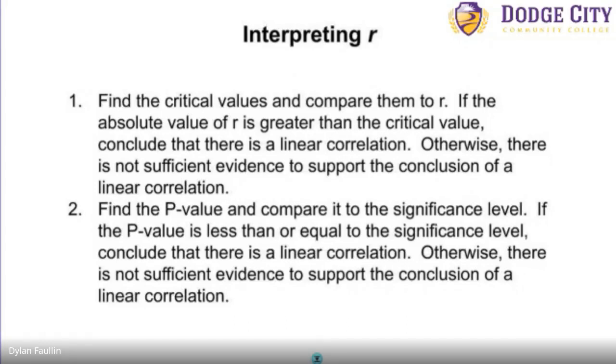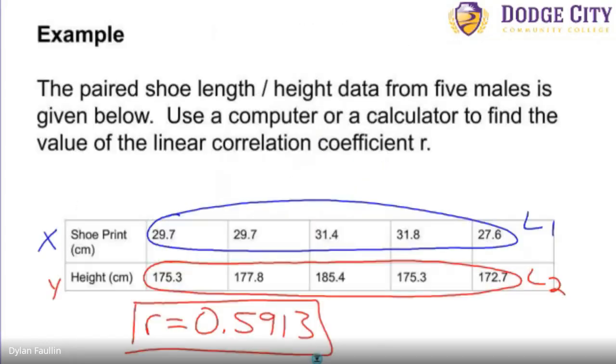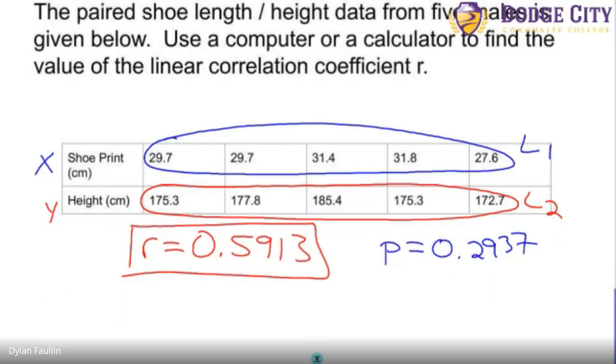So for this particular problem, from the Lin-Reg t-test, we have a p-value of 0.2936. We'll go 37 if we round it properly, right? So this is the p-value. It's just listed as p in the Lin-Reg t-test results.